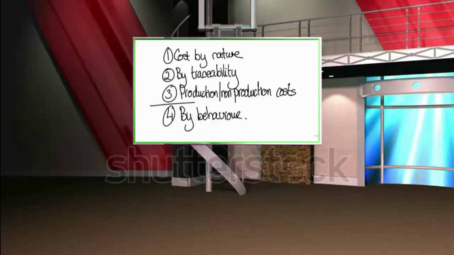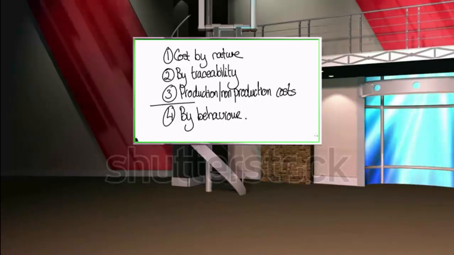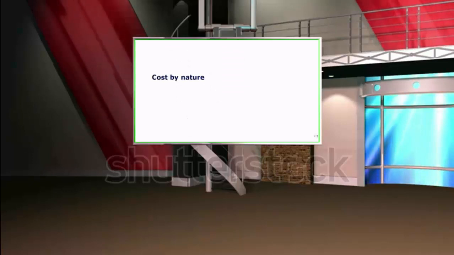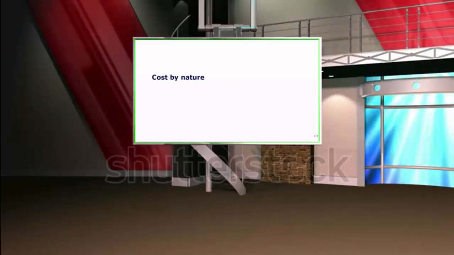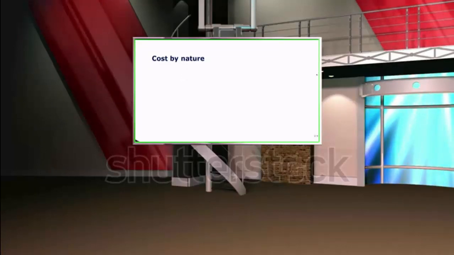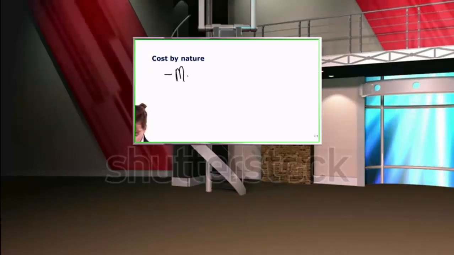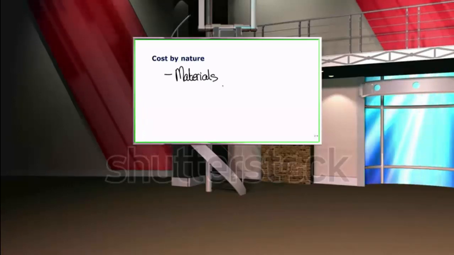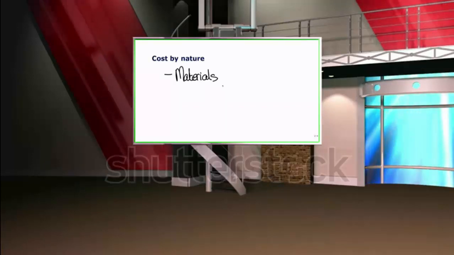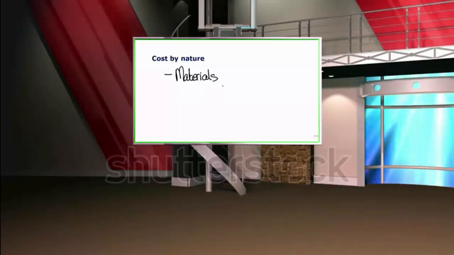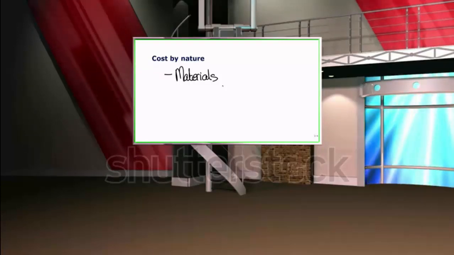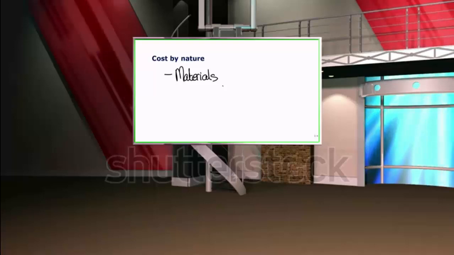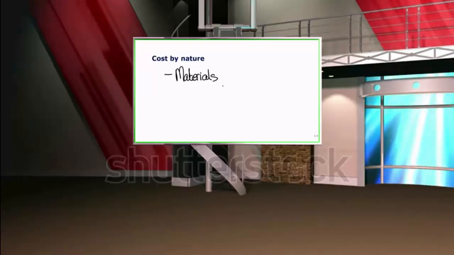So beginning with our first classification then, cost by nature. As I mentioned, there are three different categories which costs can be allocated into. So the first classification by nature is materials. Our material costs are anything we can physically reach out and touch. So any tangible items we spend money on would be our material costs, like the materials used in the production of our units.